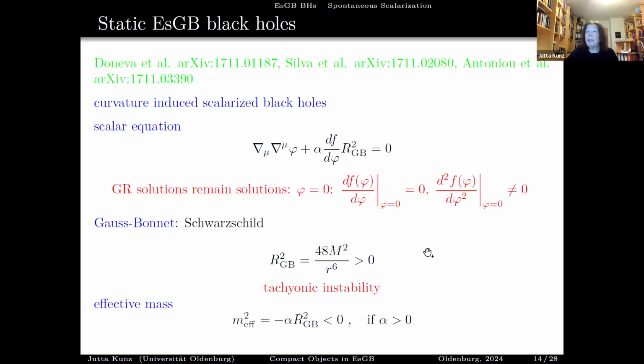So we get an effective mass, and this effective mass becomes negative because here we have a positive piece from the Gauss-Bonnet term, and when we take the coupling constant positive, as we of course first do, then it's negative.